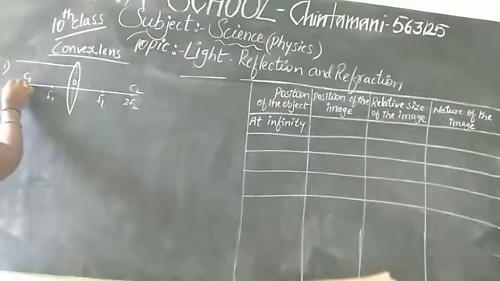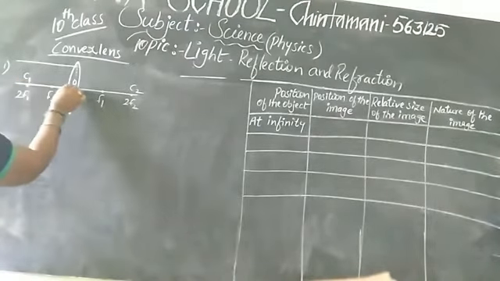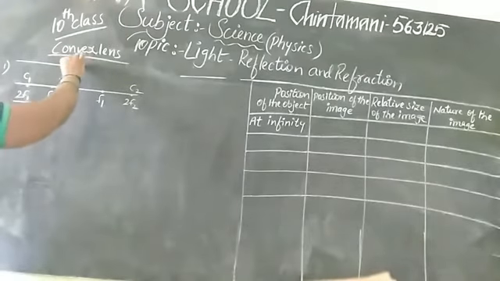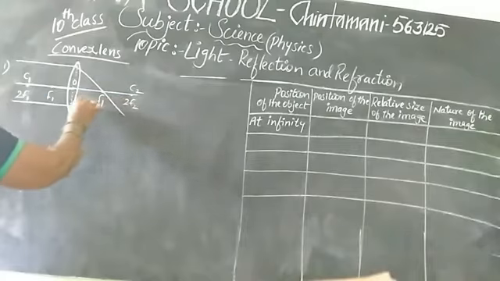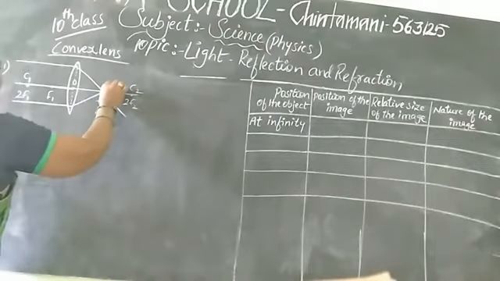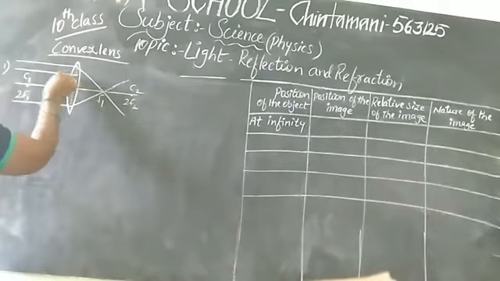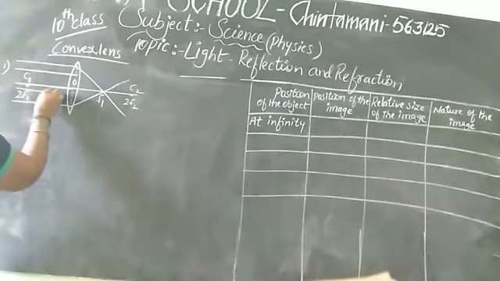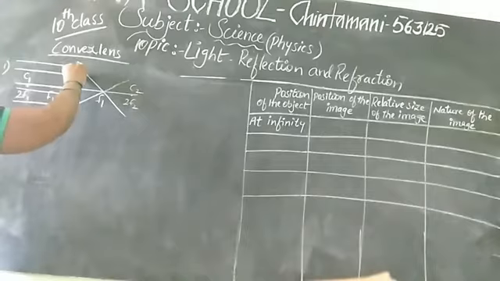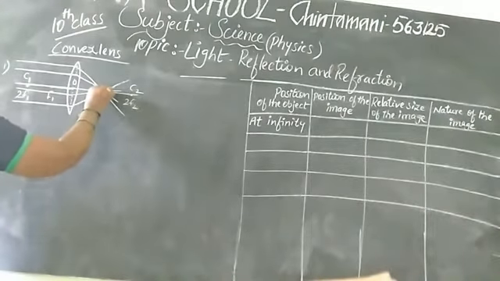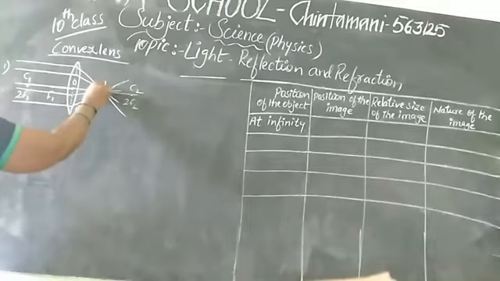Now the rays are passing. Where are they going to meet, let me see. So this is our meeting point. If we draw another 2 lines, they also meet at a point. Where is the image now?